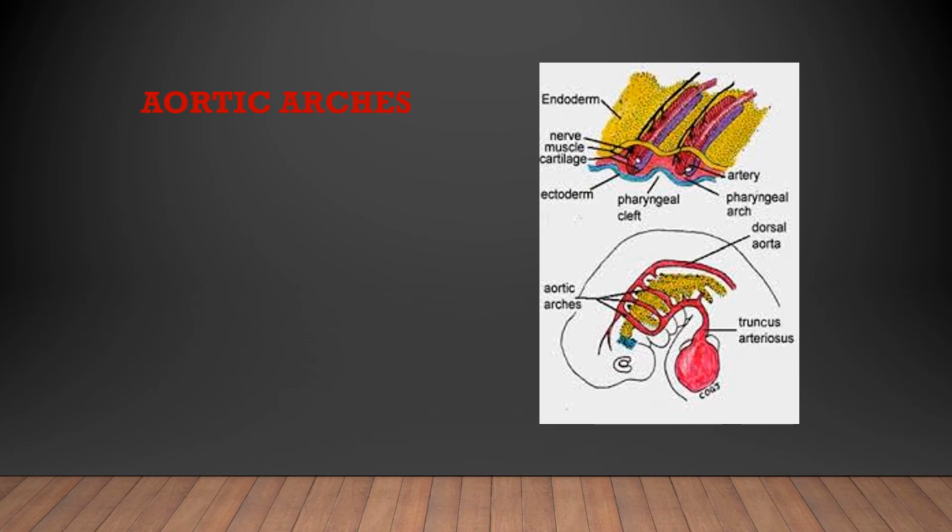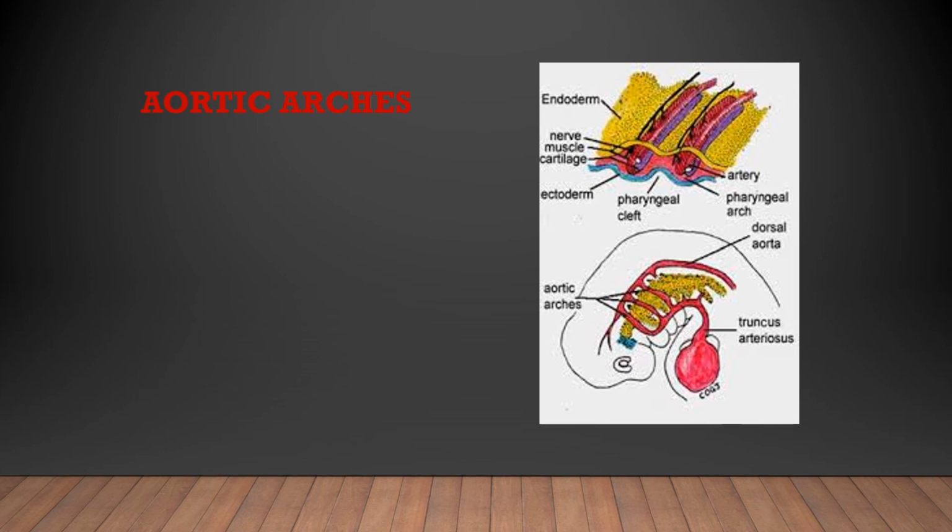And then the aortic arches. In this picture also we can easily understand the structures passing in the mesodermal arches. Here the blue line is the ectoderm and the yellow line is the endodermal layer. Between these two, the mesodermal structures travel.